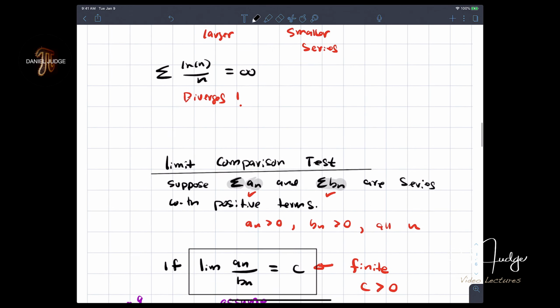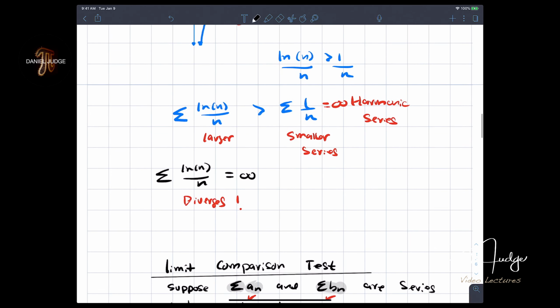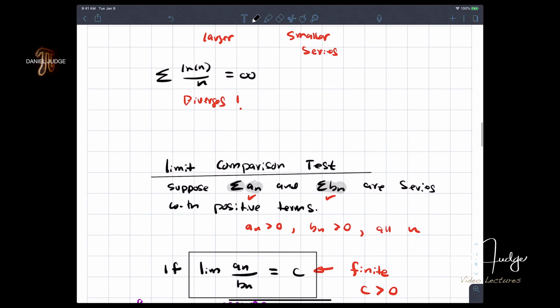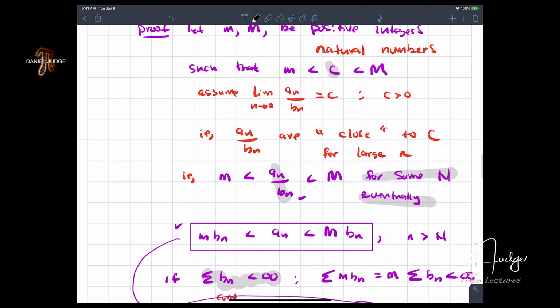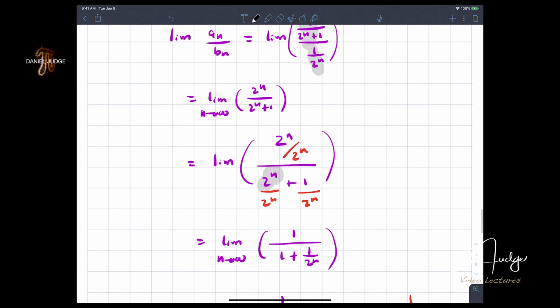Let's see if we could do something. Maybe that's a good idea. Maybe that's not. Anyway, maybe we should just look at some more examples.